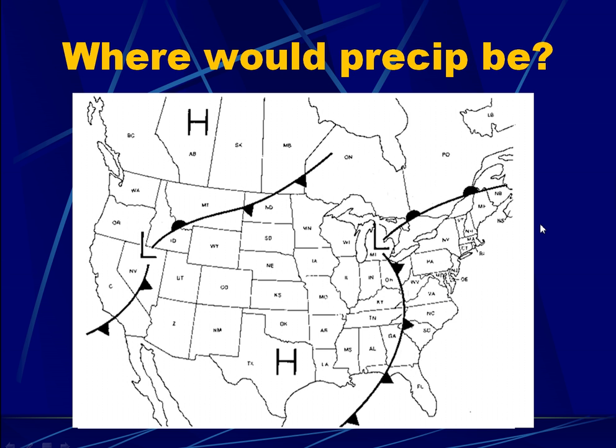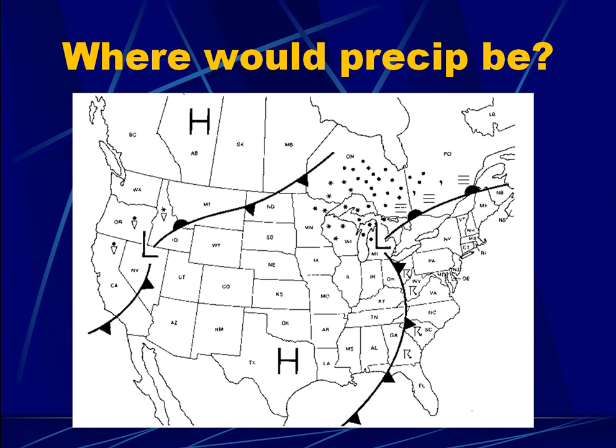Precipitation forms along lows and fronts. So, this is what we end up with using normal meteorological symbols. These dots indicate rain near the low. These, what they look like, they're snowflakes. This interesting symbol is meant to look like an R for thunderstorm plus lightning.